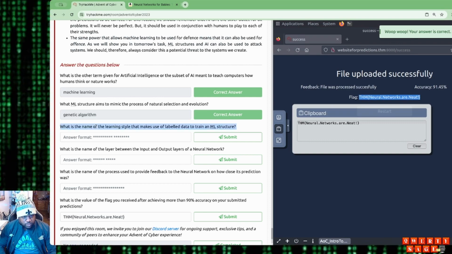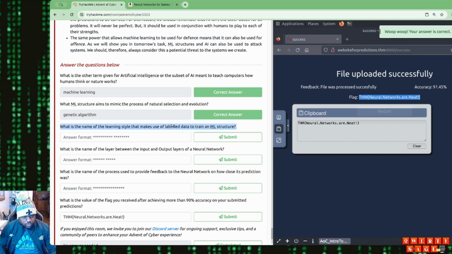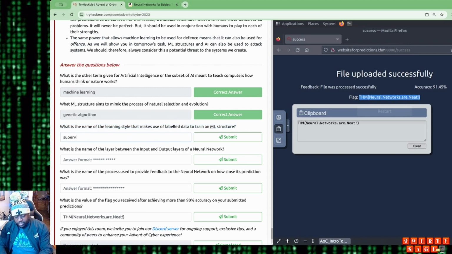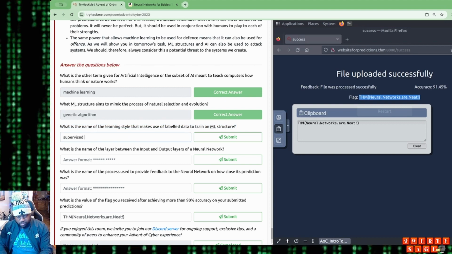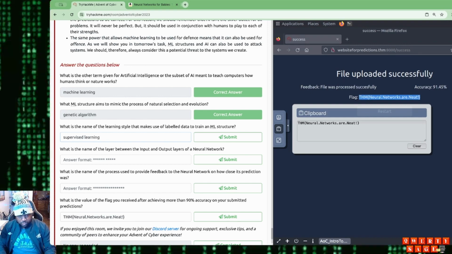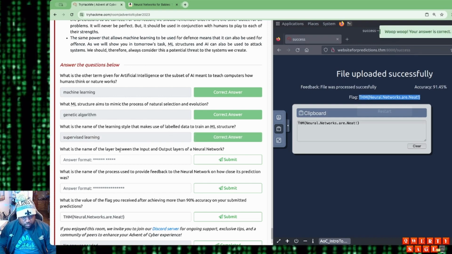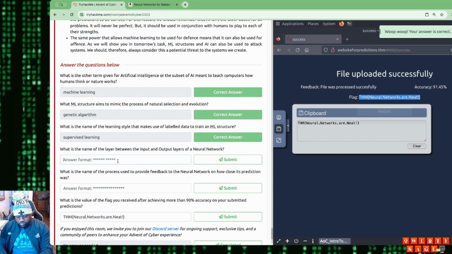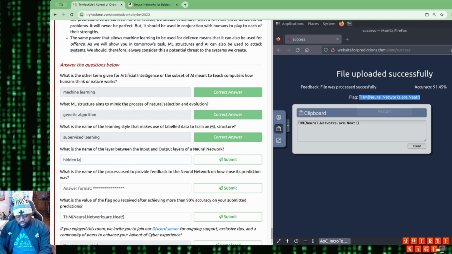What is the name of the learning style that uses labeled data to train? Supervised learning. The layer between the input and output layers is the hidden layer.